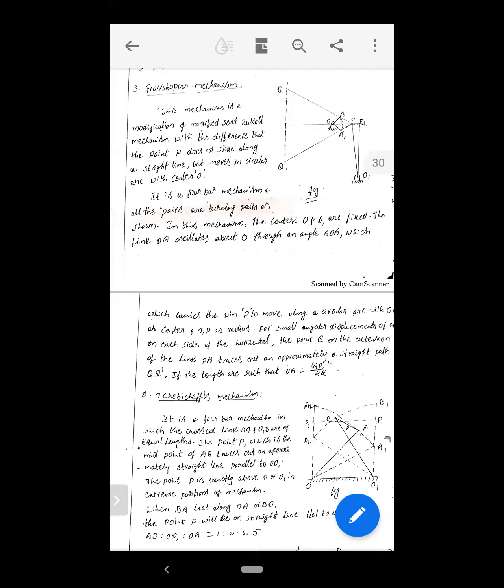Then P is also attached to our link O1, which already has some connection with O1 P. Another link is there.